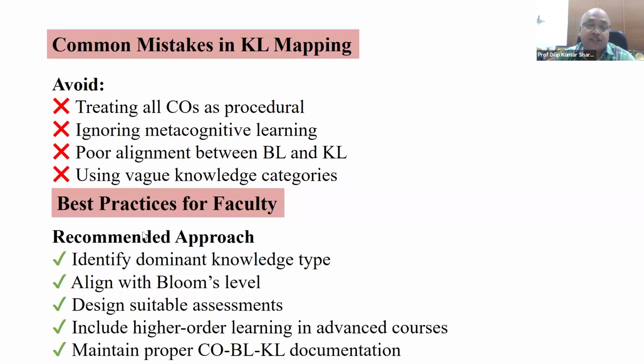So what are the best practices for you all? Recommended approach: identify domain knowledge type, align with Bloom's level, design suitable assessment, include higher order learning also, maintain proper documentation of course outcome, Bloom's level, and knowledge level.